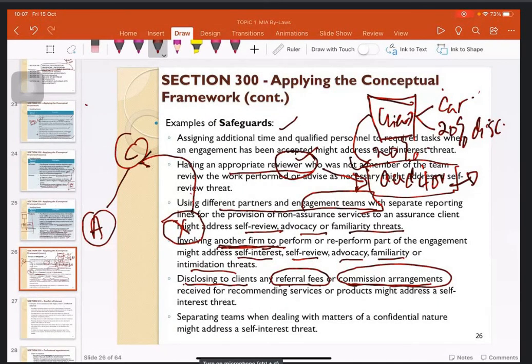Kadang-kadang bila X audit C, after sometimes C, dia offer kepada X other services. Tax services ke, consultancy services ke, IT services ke, okay. X tak boleh accept ya all this appointment without informing you. Sebab takut you yang nak buat ataupun you want to take all this thing. That one kita panggil sebagai referral.